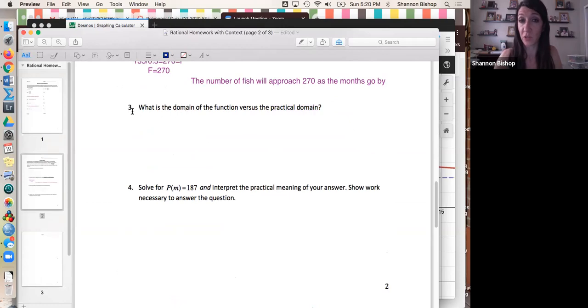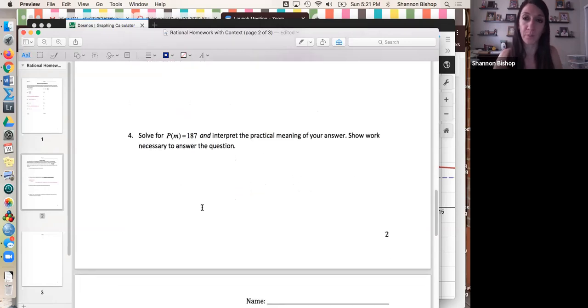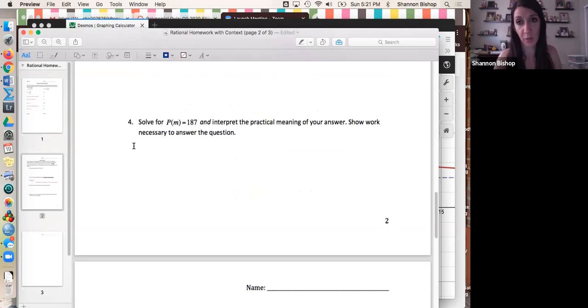So you're going to have two answers on number 3. You're going to tell me what the domain is, just of the formula itself, and then you're going to read the paragraph carefully and decide what the practical domain should be instead. Two answers.